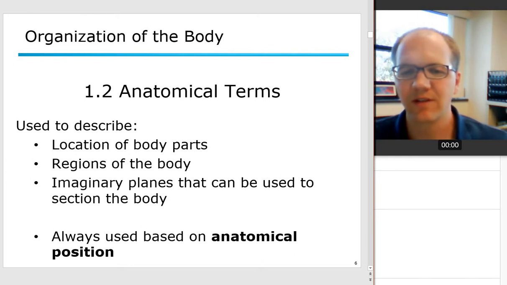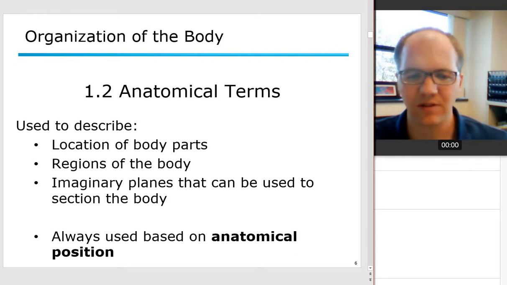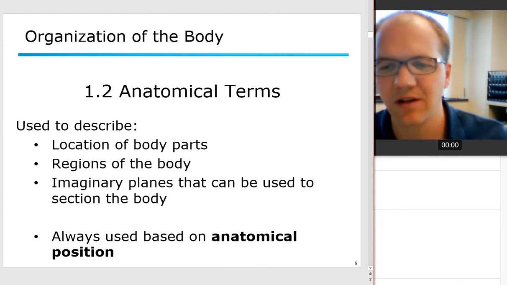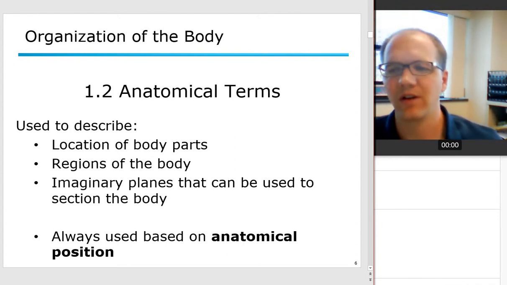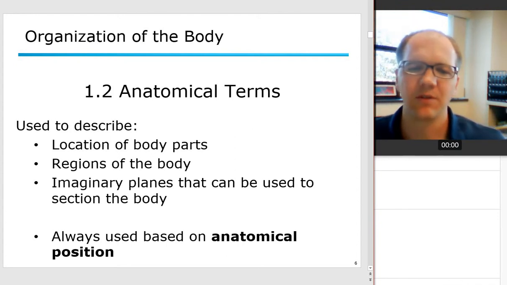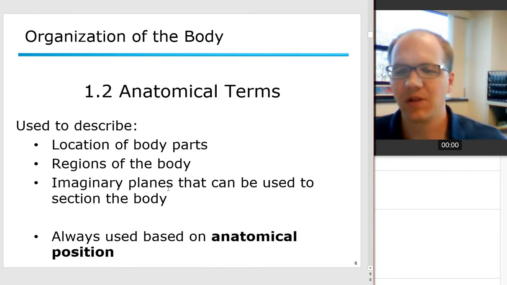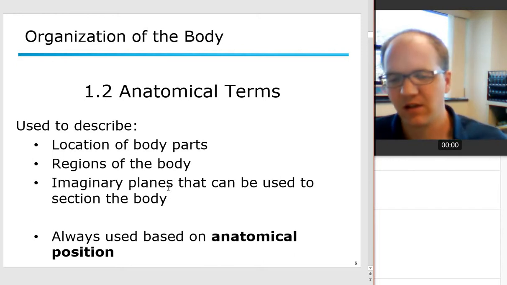So what they've done is they've come up with what we call anatomical terms, which are names of different parts of the body, and everybody uses these same terms. So you'll need to learn these anatomical terms. You'll be taking a quiz on the anatomical terms. They're used to describe the location of body parts, also regions of the body, and also planes that are cut through the body.